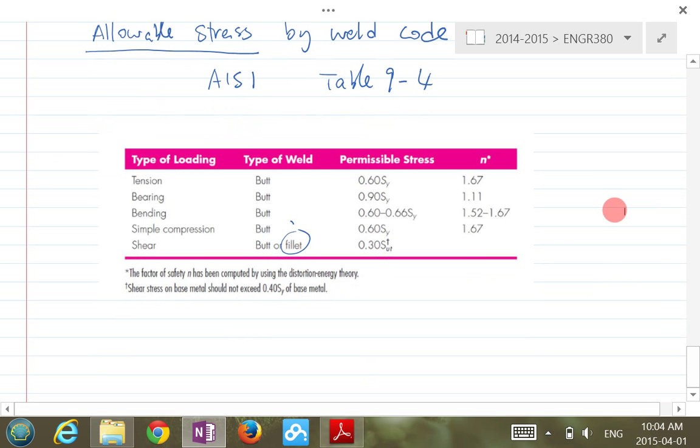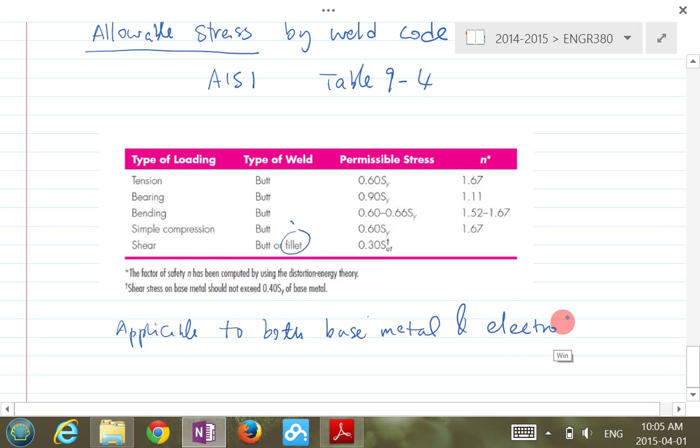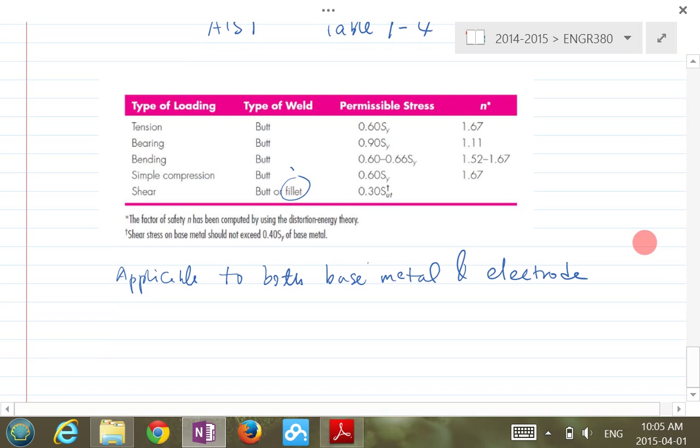Now, in this class, we're also going to apply this table to the base metal. So remember this: it is applicable to both the base metal, basically the parent metal, and the electrode. What that means is we're looking at a situation like this.